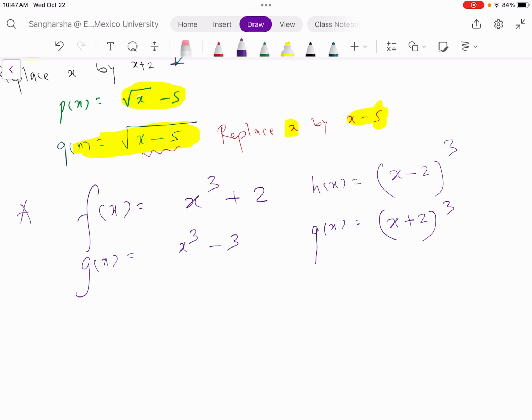Now we have four different functions, and I want you to graph these functions.